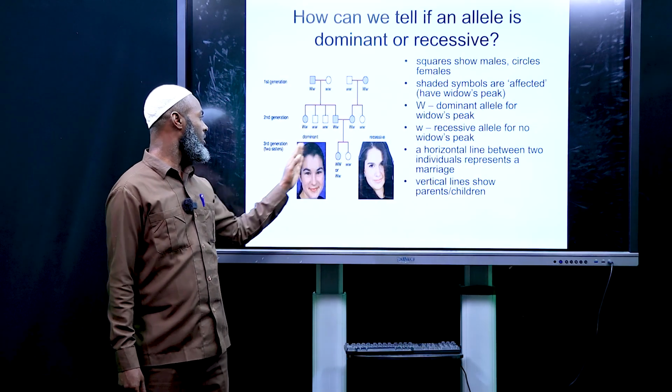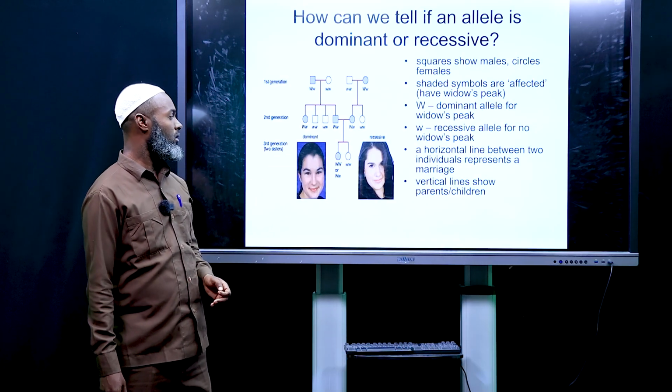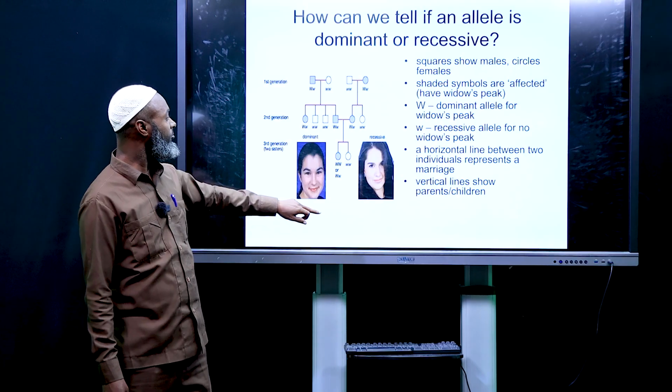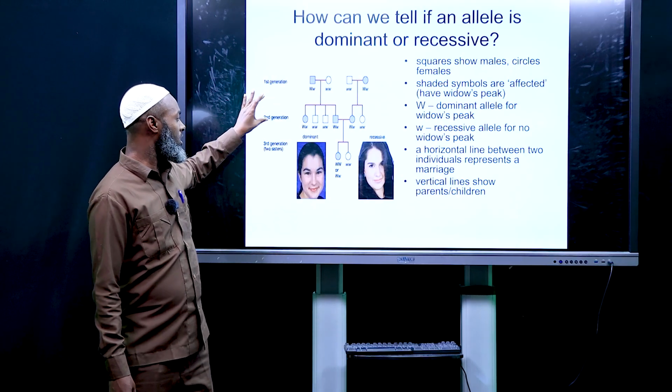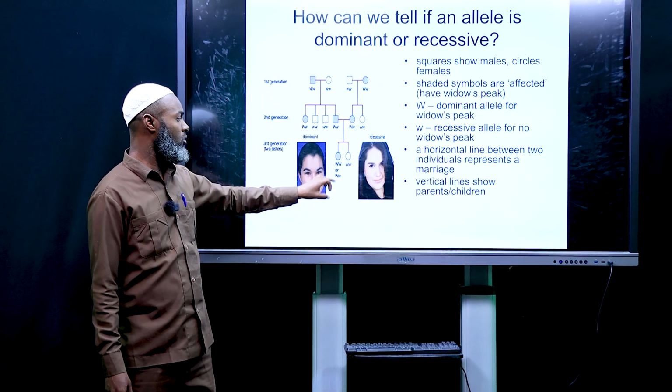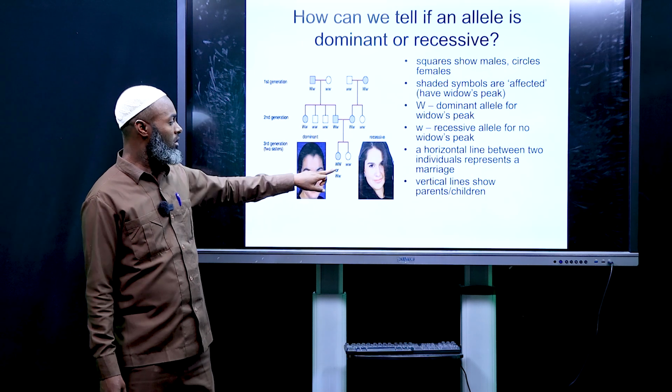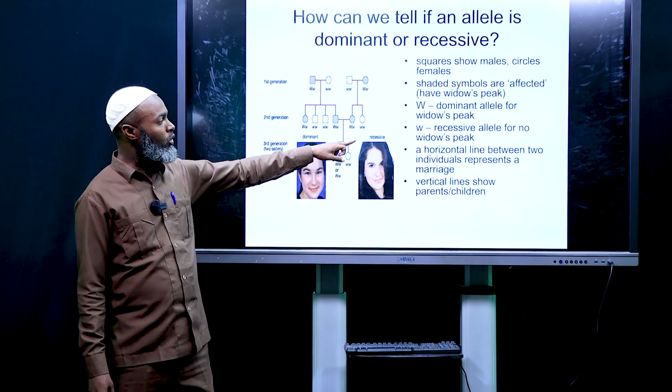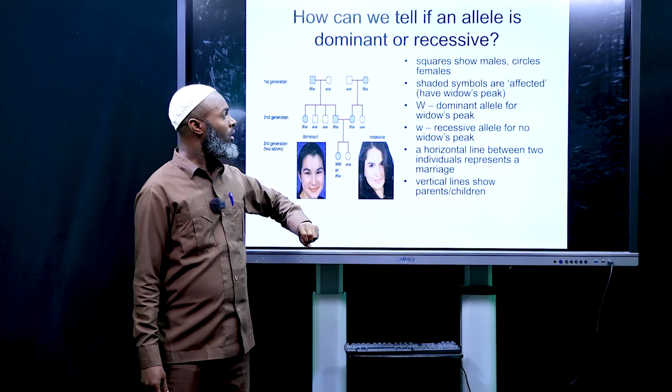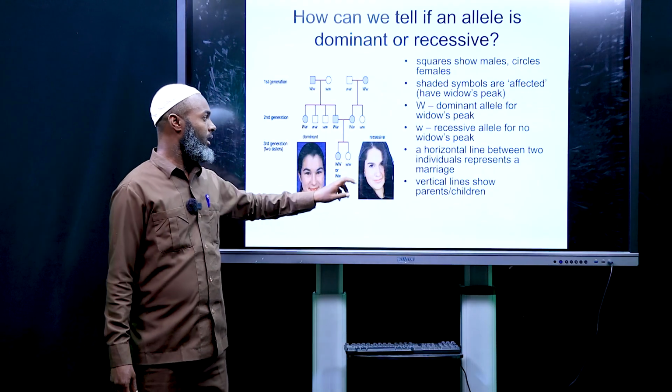This is recessive, this is dominant. This is the first generation, this is the second generation. The third generation, we do have the widow's peak dominant allele and the recessive allele.